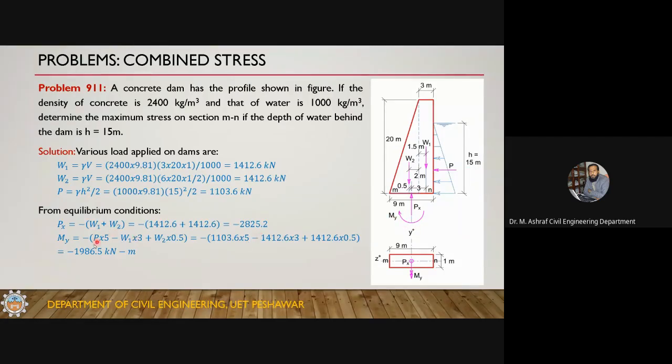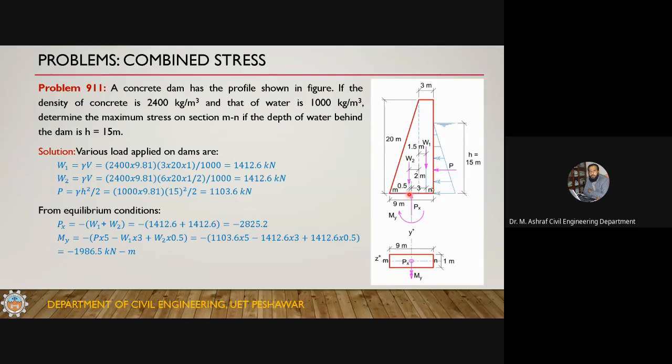Okay, so My is equal to this P, which I've written, into 5, this distance is 5, minus W1 into this distance. This is 1.5, and from this point to this point the distance is 4.5, and this is 1.5.